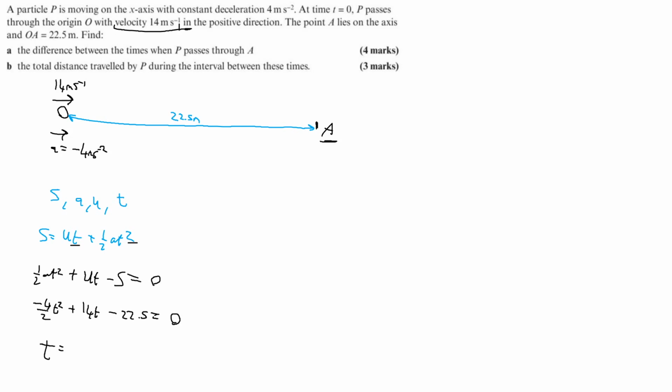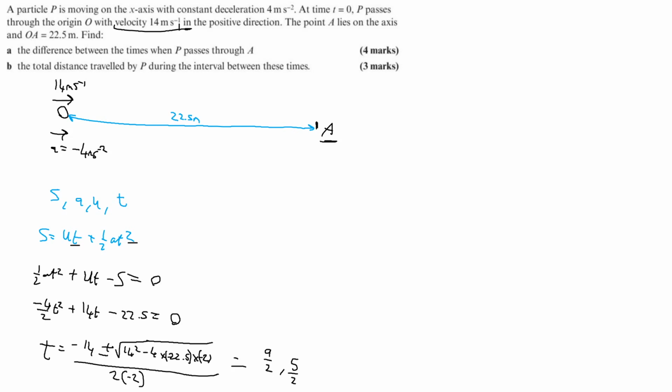And so therefore t is equal to minus 14 plus minus the square root of 14 squared minus 4 times 22.5 times 2 minus 2 and minus 22.5, all divided by 2 times minus 2. And if you plug that into your calculators, you should get an answer of 9 over 2 and 5 over 2.